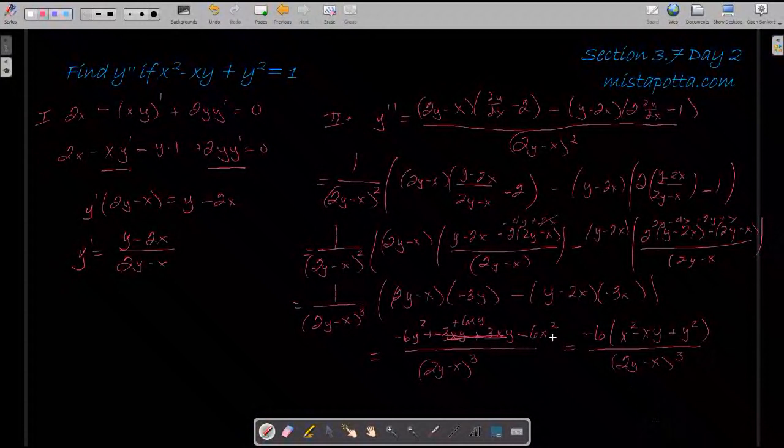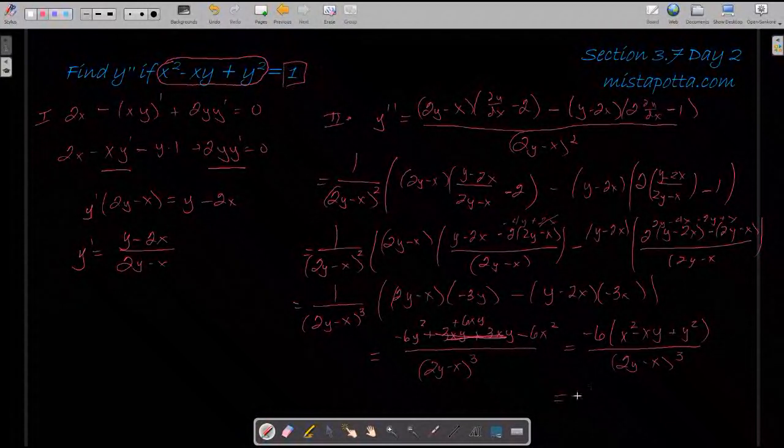But again, as I mentioned, whenever I see x squared minus xy plus y squared, I can substitute a 1 for it. And so this ends up really being negative 6 times 1 over 2y minus x cubed.